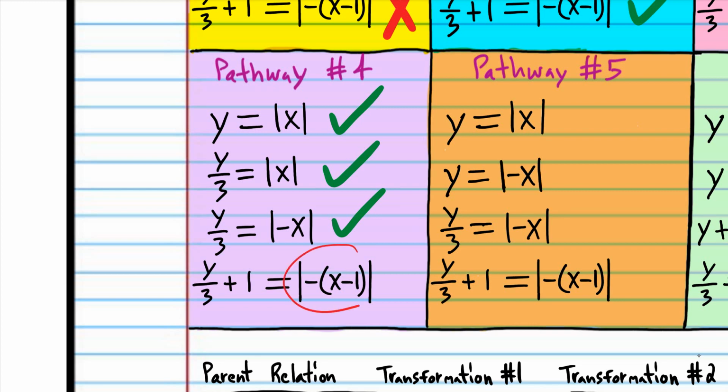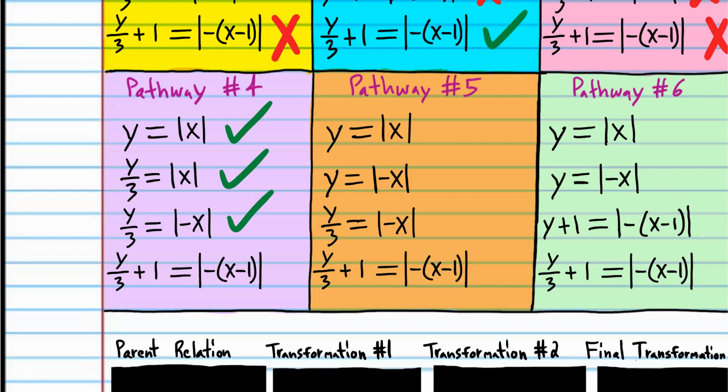We're replacing x with x minus 1. That's completely fine. The problem is on the left side of the equation. This tells us to move the graph 1 unit to the right. That's fine. The transformation properties tell us what to do in that situation. But over here, we're adding 1 to y over 3. The transformation properties don't tell us what to do in that situation.